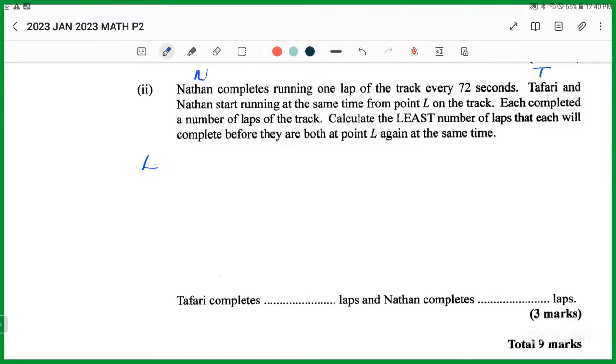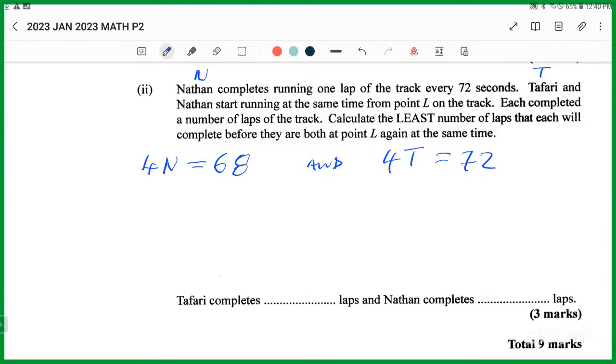When the 4 seconds times the number of Nathan's laps equals the lap time for Tafara, that is when they meet again, because the 4 is the difference between them. And when the 4 seconds between them times Tafara's laps equals Nathan's time, they will meet again. That's the calculation.